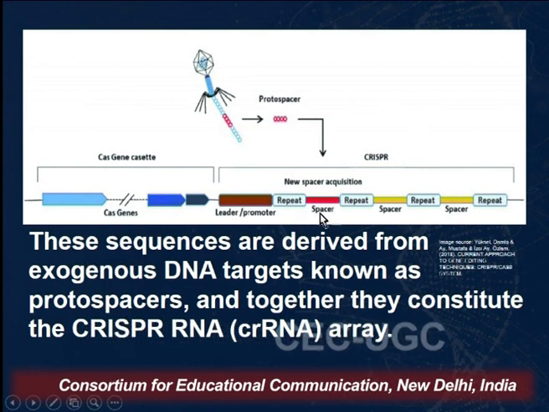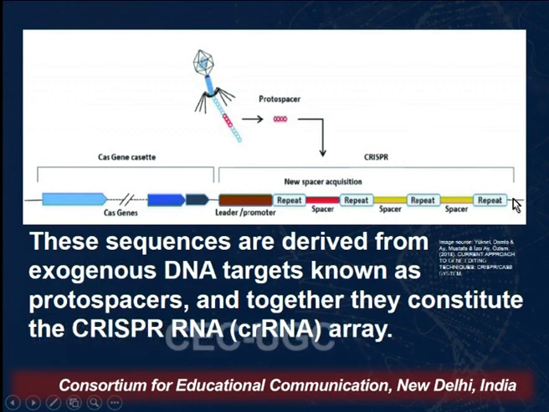That creates the CR array containing the direct repeats, and in between them the exogenous DNA that has come from a bacteriophage is introduced in these spacers. So these are variable sequences, because one time one bacteriophage infected a particular bacteria, it created this short fragment and introduced it into this particular CR array.